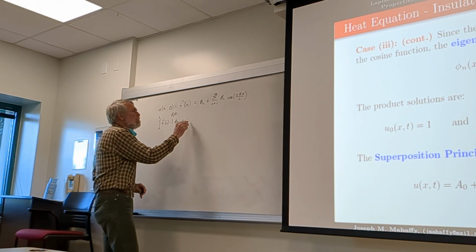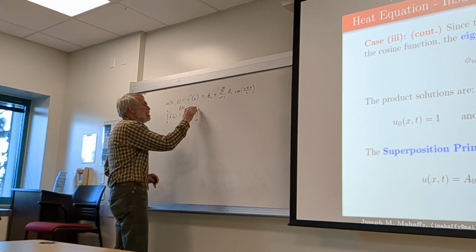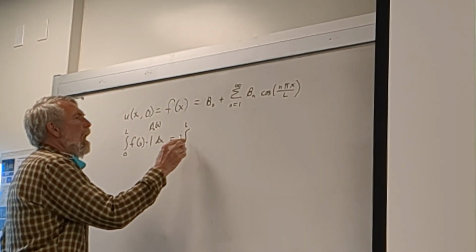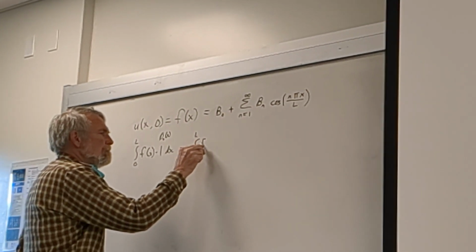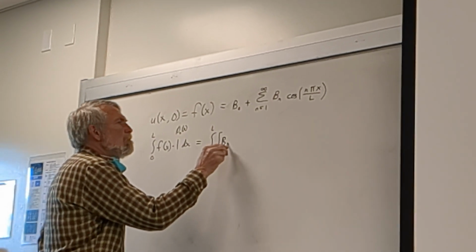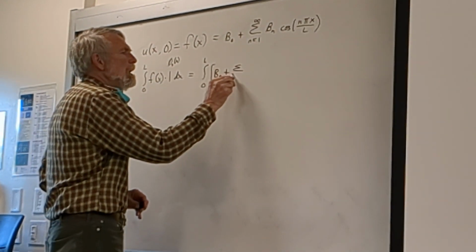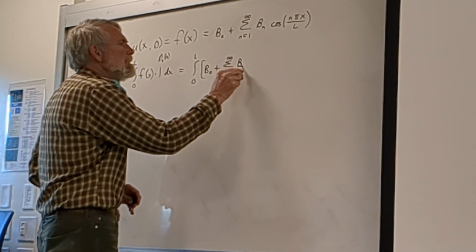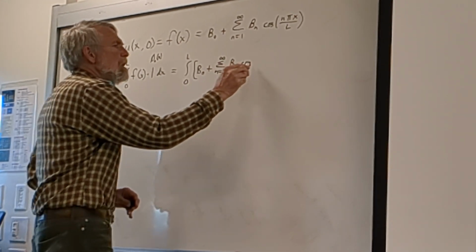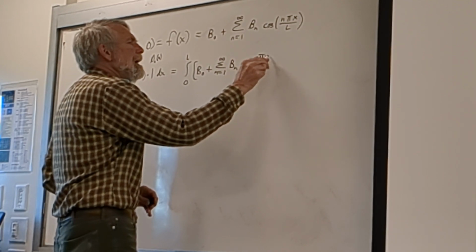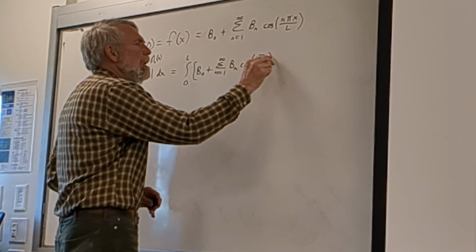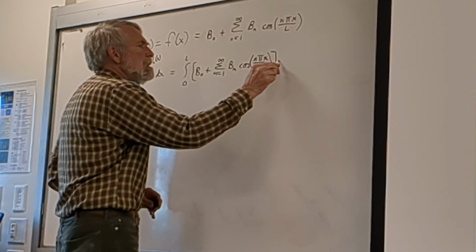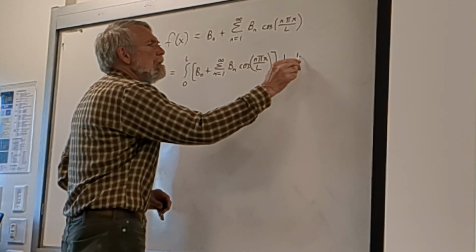And that better be equal to the integral from 0 to L of b0 plus the sum n equals 1 to infinity of b sub n cosine n pi x over L, times 1 dx.